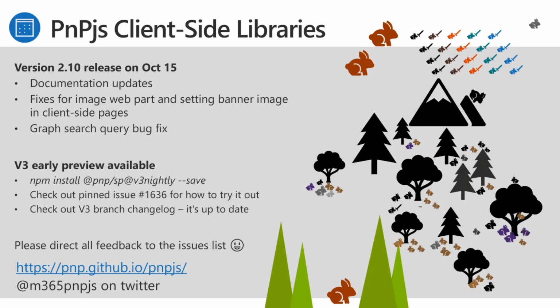So that's going to show you what we've changed, what we've removed, what we've updated, what we've added. All of that is in that changelog. So please check that out. Also, on that pinned issue, 1636 is some getting started for the preview. So if you want to try out that preview, you can look at the details in 1636 to get the information on how to get started.